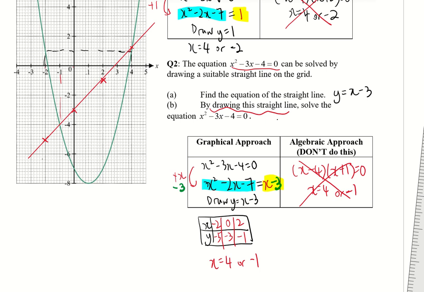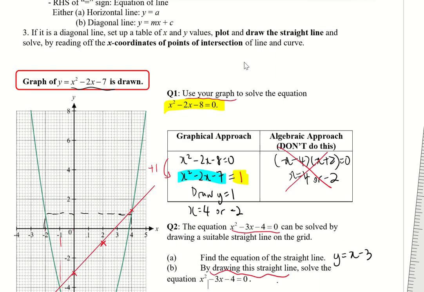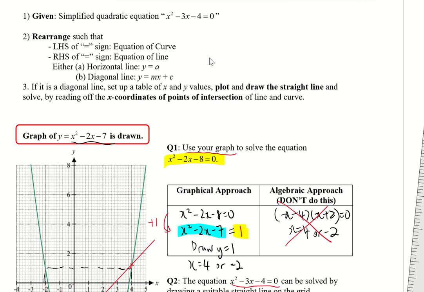So that's how to summarize the approach. I'm given a quadratic equation to solve. I rearrange so that the left side is the equation of a curve without the y, and the right side is the equation of a line. I draw either a horizontal line or, if it's a diagonal line, I set up the table of x, y values, plot, draw the straight line, and read off the x coordinates of the points of intersection of the line and the curve.